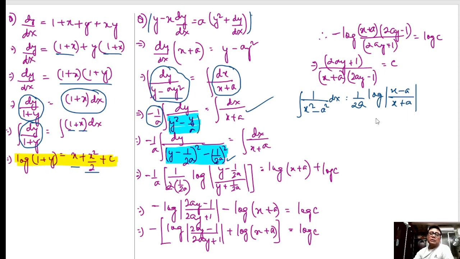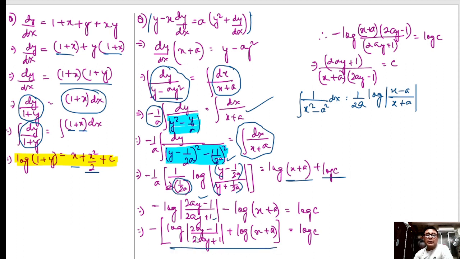So using this concept we are writing it 1 by 2a log of x minus a by x plus a. This is how we write, and integration of this is log x plus a plus log c. Now taking 2a LCM, we get this part up and down. Okay, and now taking a minus common, we get this.